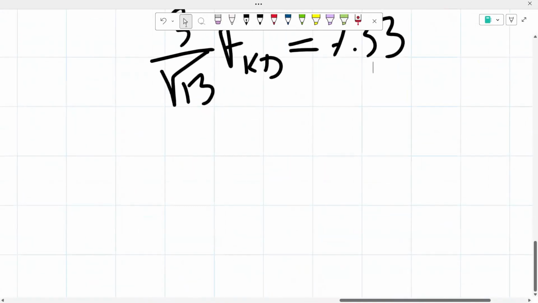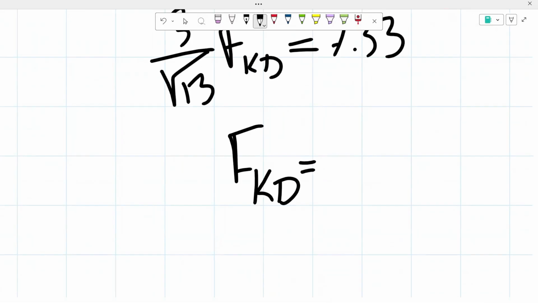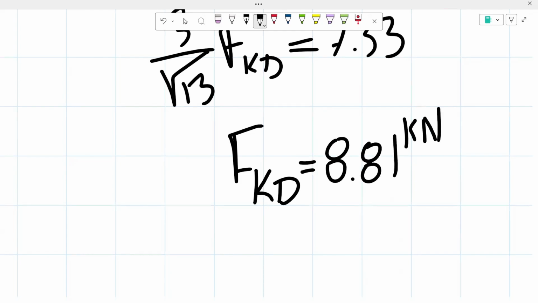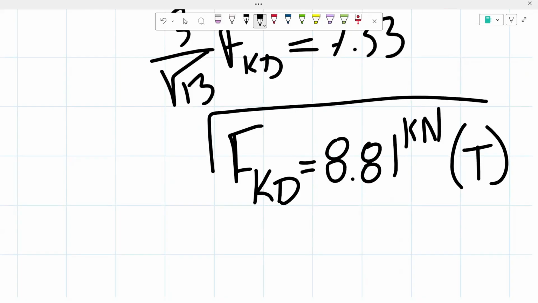So we would simply get that the force of our member KD is equal to 8.81 kilonewtons. Since we got a positive number, that means that we assumed correctly, meaning that it will be in tension.